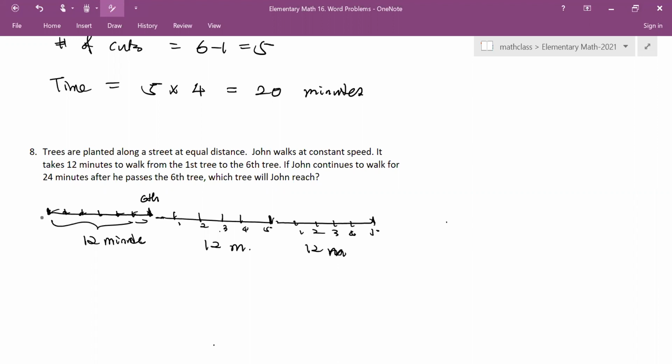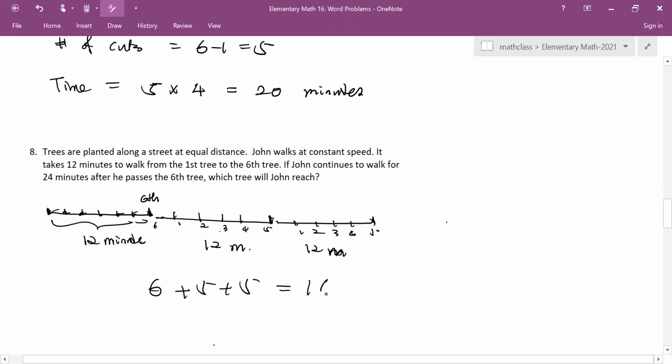So this is six trees, right? Add 5, so that's 6 plus 5 plus 5, which is going to be 16. So the 16th tree, not the 15th tree. So the answer is the 16th tree. Just add the 5 to 6, add another 5. So this is the 11th tree already. That's the 16th tree.